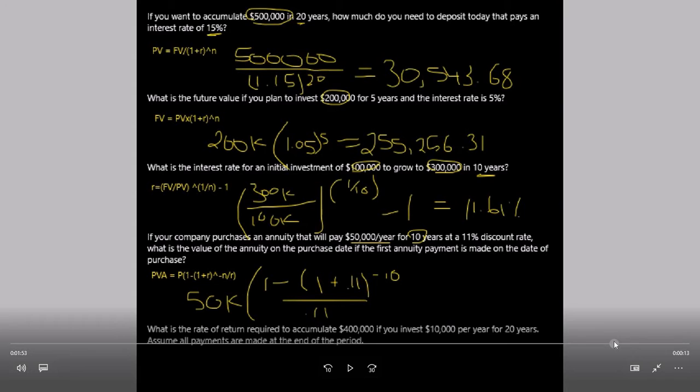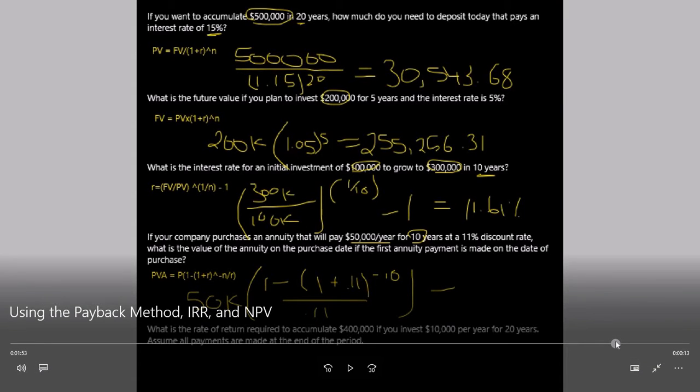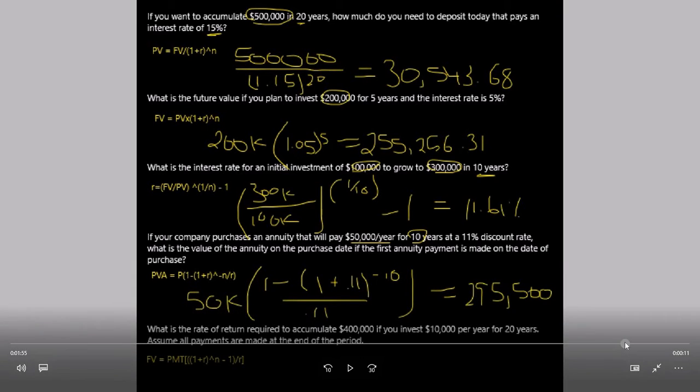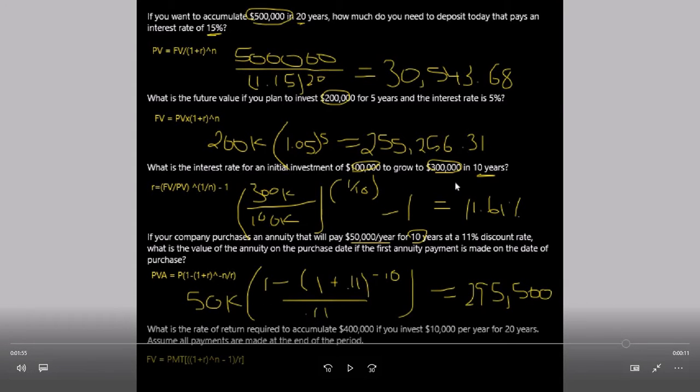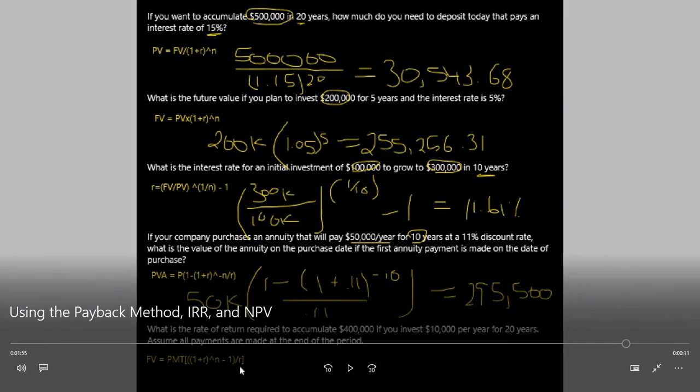We're going to divide it by our rate, which we know to be 11%. And it comes out to $295,500. And lastly, what is the rate of return required to accumulate $400,000 if you invest $10,000 per year for 20 years? Assume all payments are made at the end of the period.